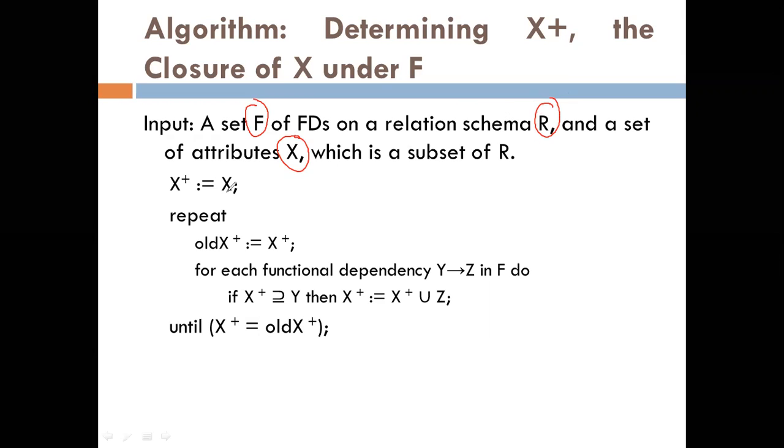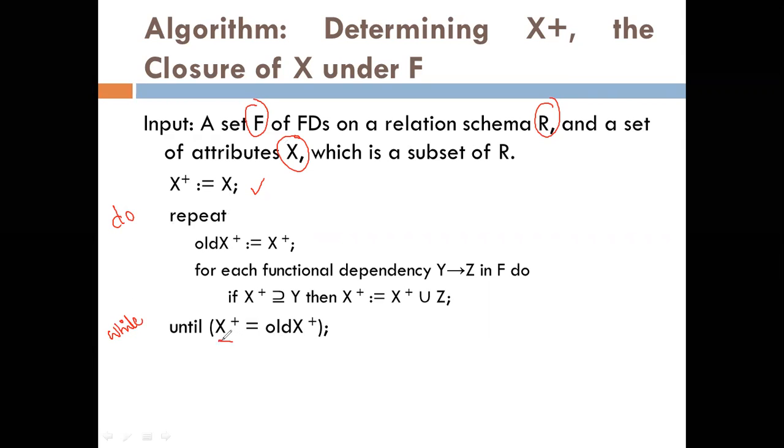So in the initialization step, the closure of X is first initialized to X. Then we will have an iteration, repeat. This is just like a do while condition, where this is similar to do, and this is the while condition. Algorithmically, we represent it using repeat and until statements.